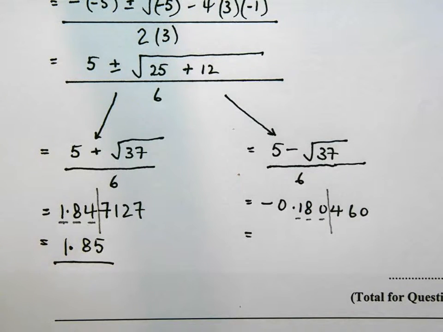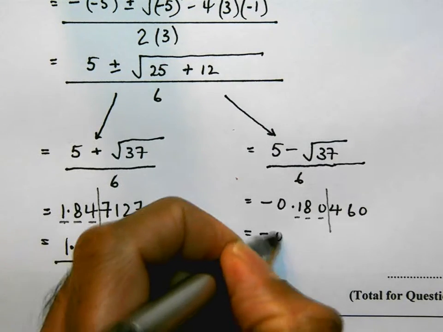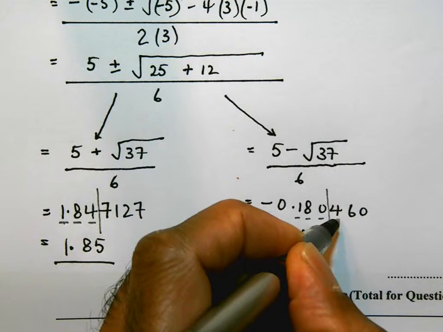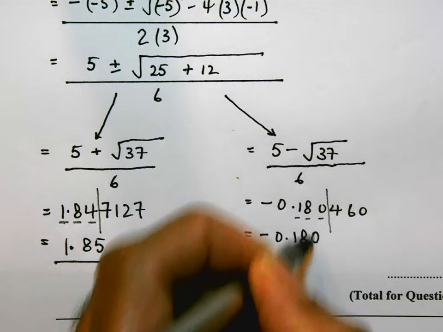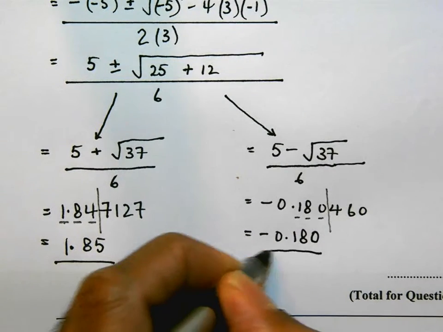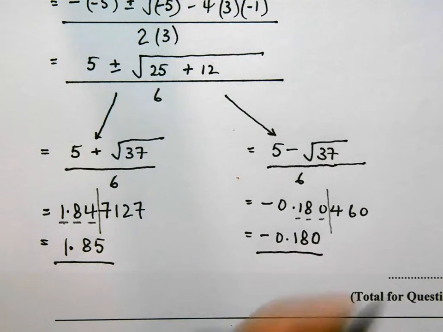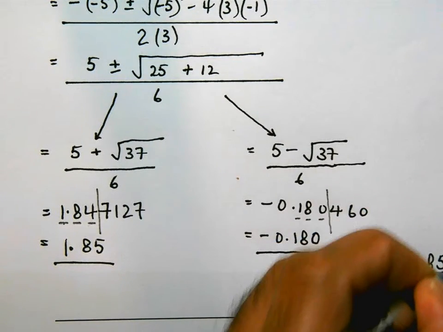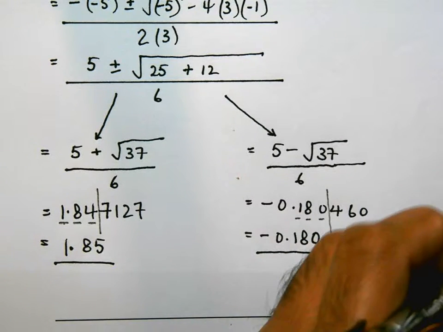So my answer is going to be minus 0.18. And because the next number along is a 4, it's not 5 or more, that would stay as 0. So in the answer space, I'm going to write the answers 1.85 and minus 0.180.